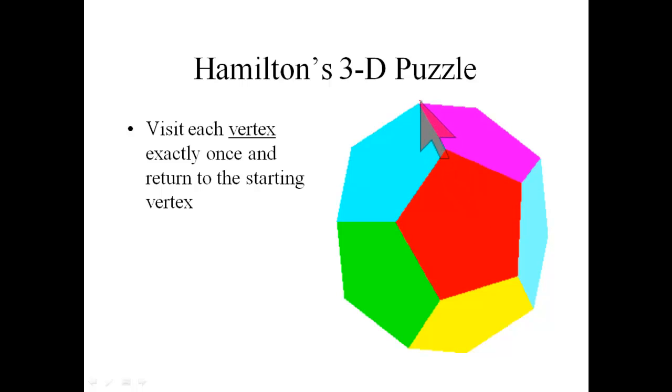And so we can think about it as being a three-dimensional graph, and Hamilton's puzzle was visit each vertex exactly once, and then return to the vertex from which you started. If it seems kind of familiar, remember Euler circuits were travel along each edge exactly once and return to the vertex where you started. Now we don't have to travel along each edge, but we do have to visit each vertex.